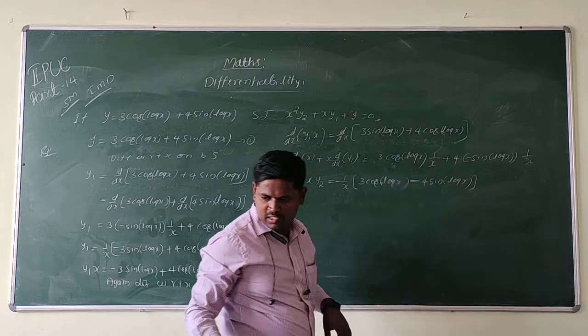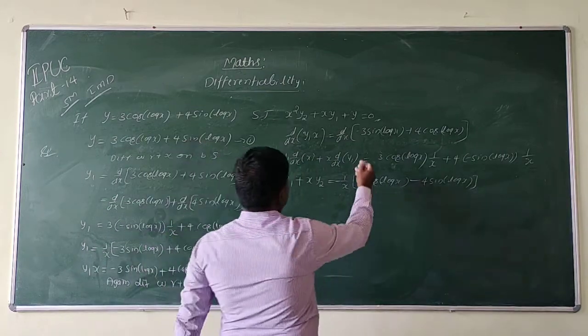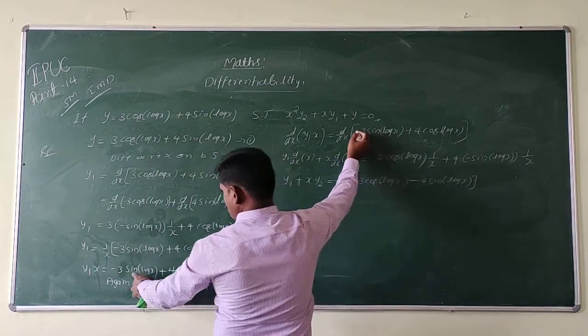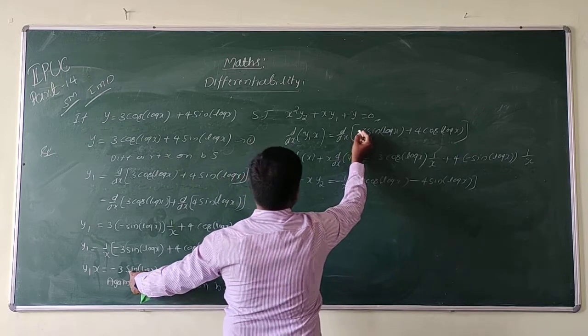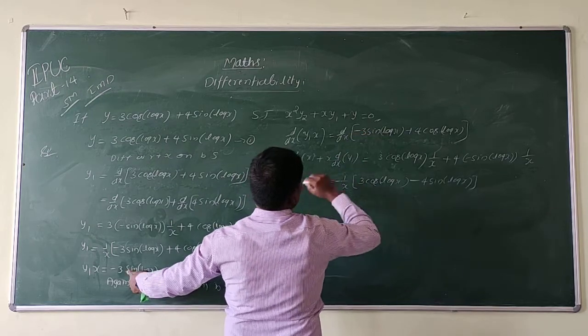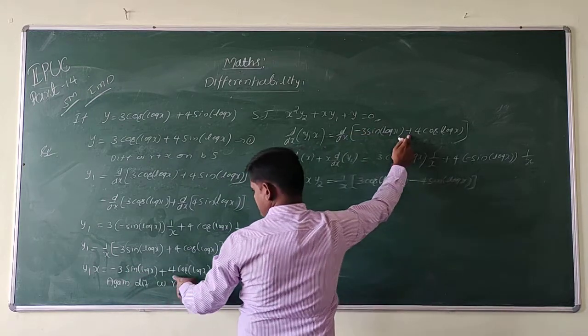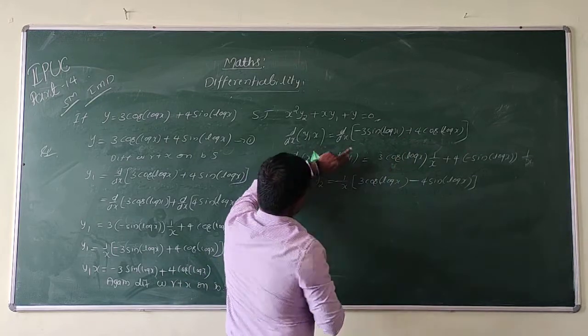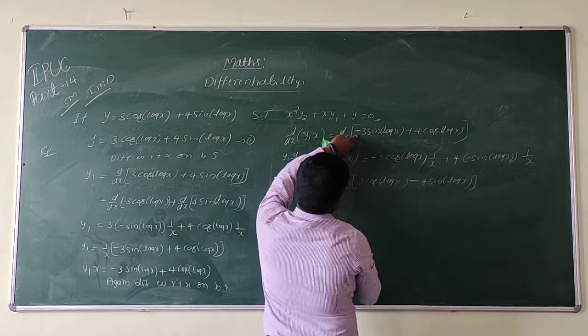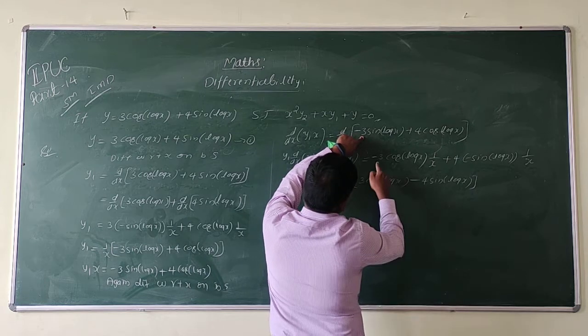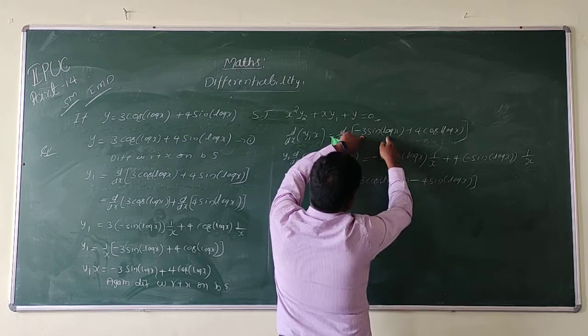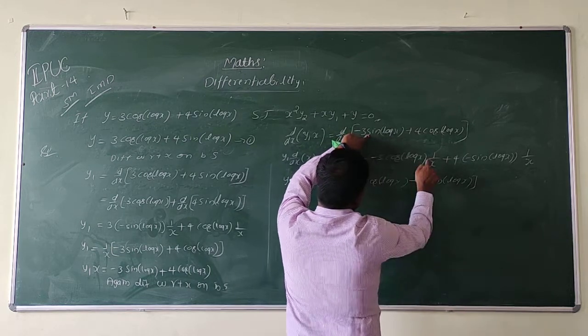Small change, see here. Actually minus 3 is already there, and this one is plus 4. So differentiate this: minus 3 of differentiation of sin of log x is cos of log x. Okay, this one is right.